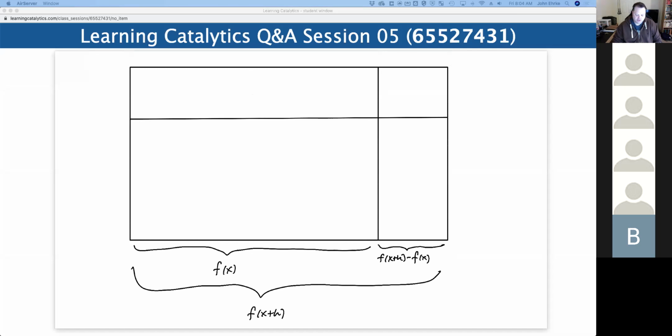The same thing can be done with the vertical quantity. If this first part is g of x and the whole thing is g of x plus h, then this little piece right here is g of x plus h minus g of x.